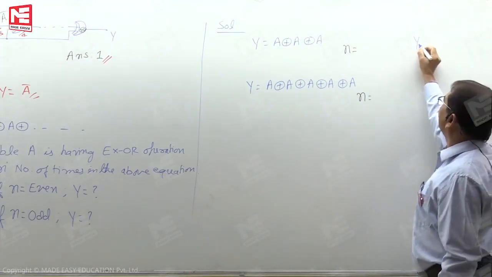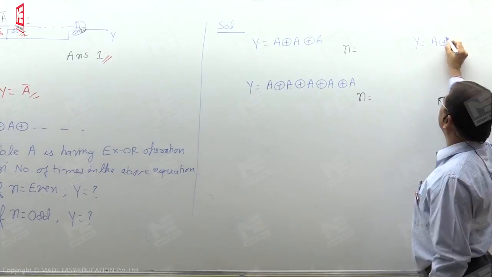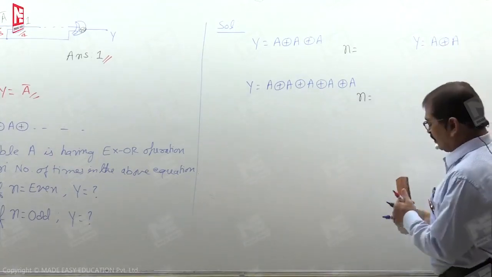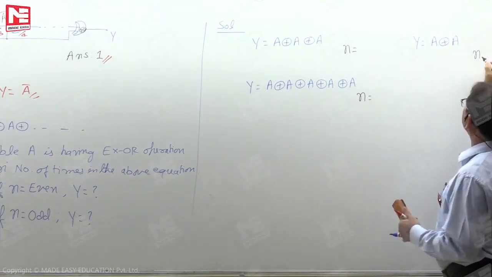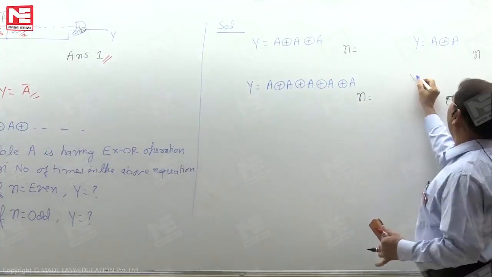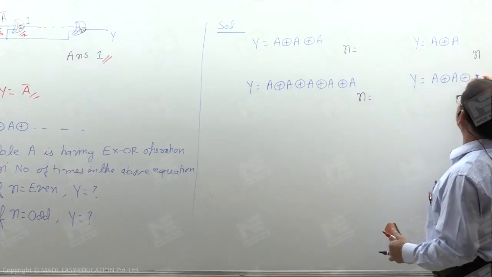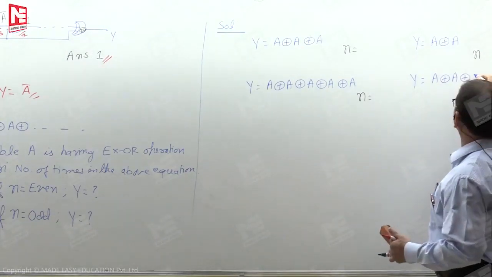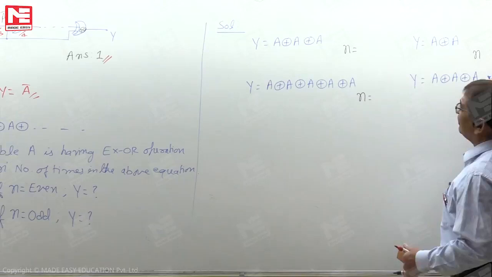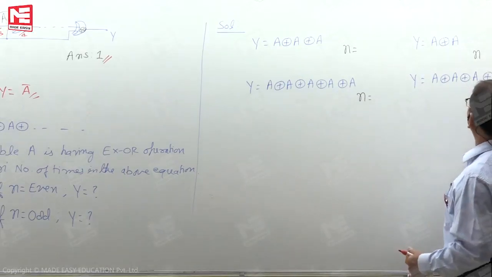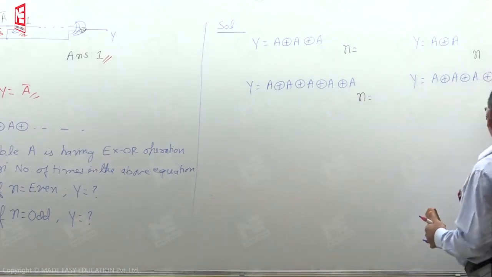Similarly, A exclusive OR A. What is the n value? A exclusive OR A exclusive OR A exclusive OR A. What is the n value?